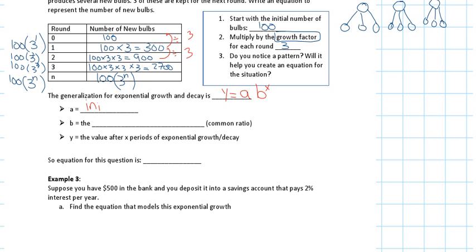And then you're going to multiply by the base. The base is the growth or decay factor. And then x is your exponent.